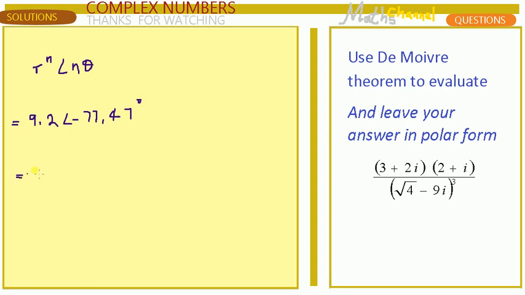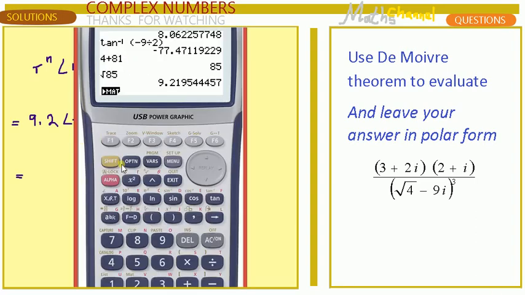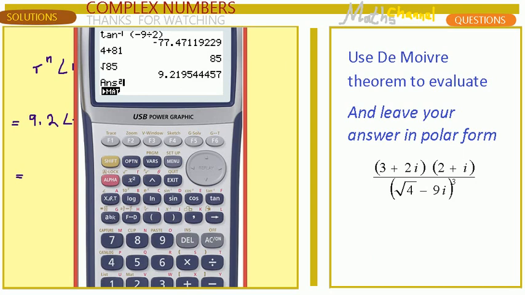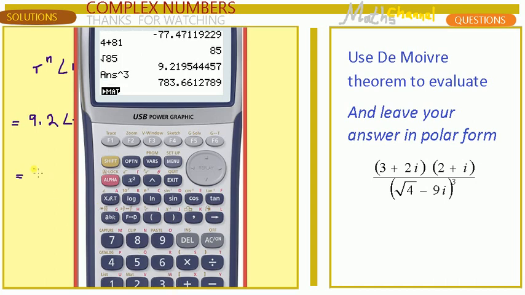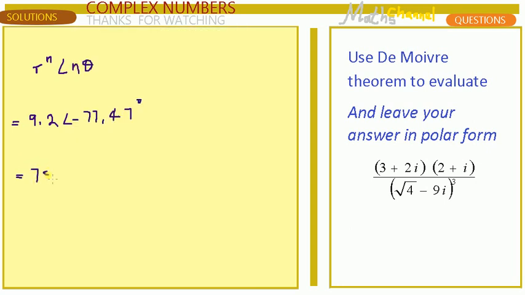So raising this to the power of 3, r cubed, you have something like 783.66.